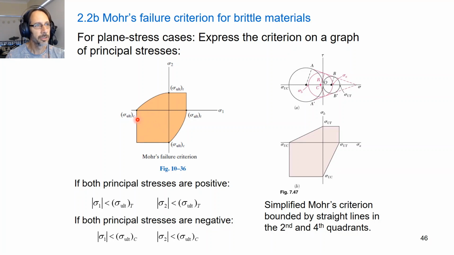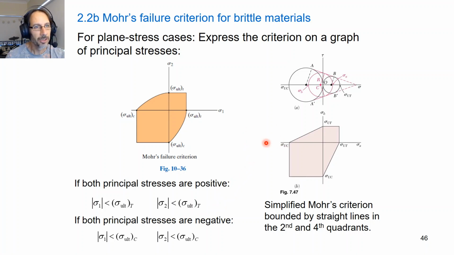So we've just got this different shaped hexagon. The actual failure surface, where you have principal stresses of opposite sign, has this curved relationship, but we simplify this to straight lines.